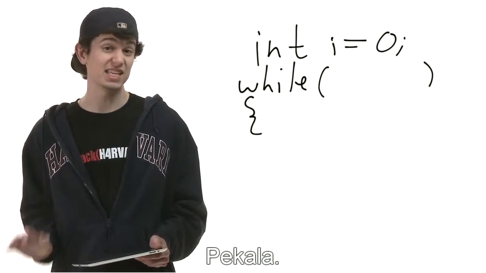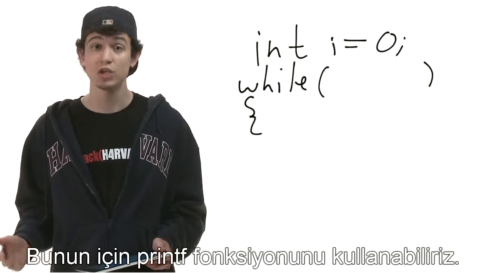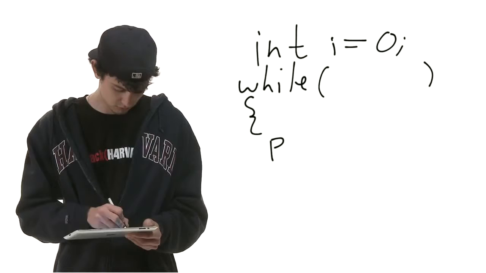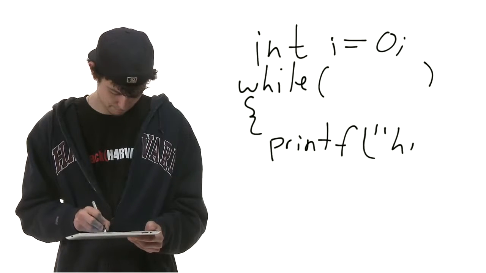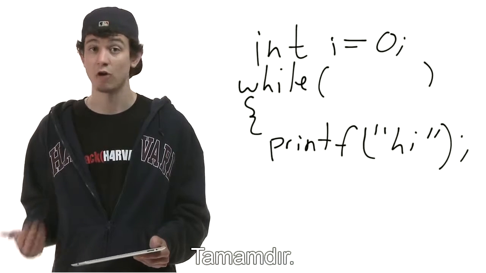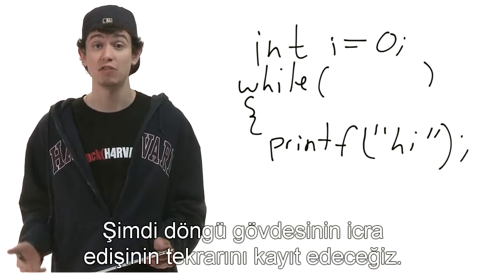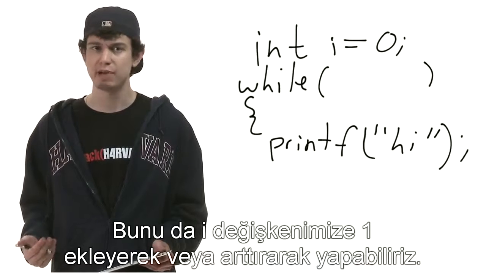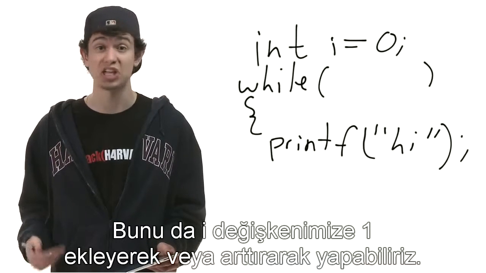All right, inside of our loop, let's just print a message out, like hi. We can use the printf function for this. All right, so now we'll record that an iteration of the loop body has been executed. We can do that by adding 1 to, or incrementing, our counter variable i.